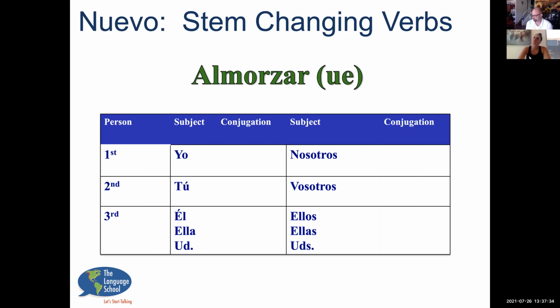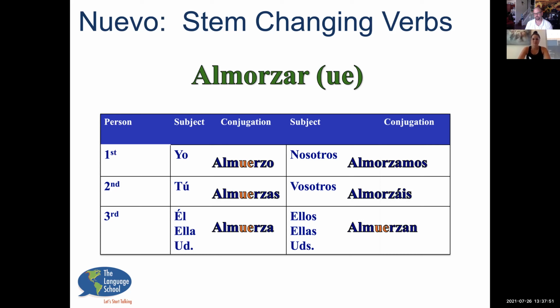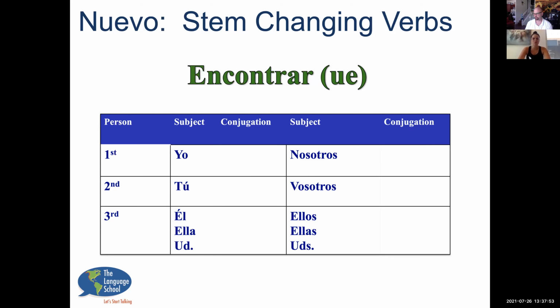Almorzar, to have lunch. Yo almuerzo, tú almuerzas. Él, ella, usted almuerza. Nosotros almorzamos. Ellos, ellas, ustedes almuerzan. Good. Encontrar.